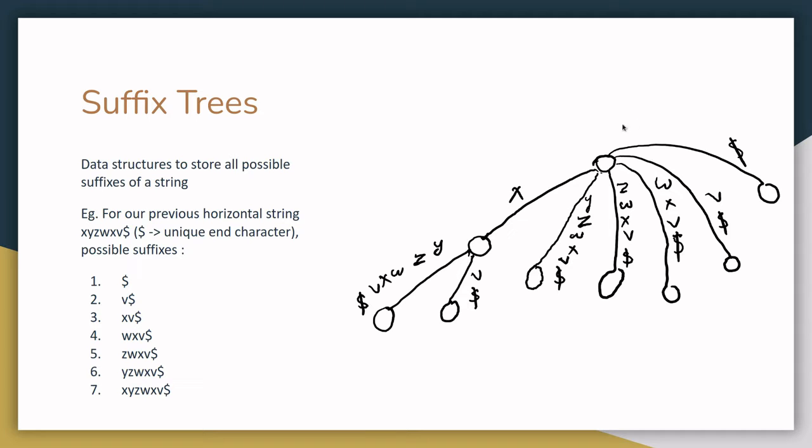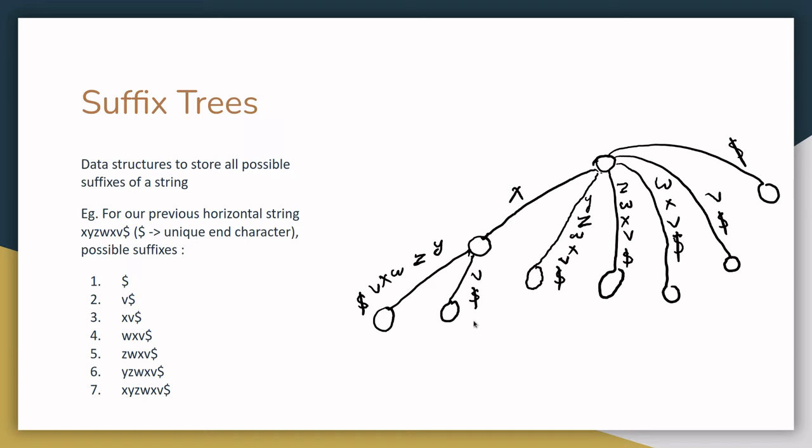So if you look here, this is the root, and if we start here, we can get the first one, which is the dollar, then the second one, which is v dollar, then the next one, which is x v dollar, as we follow the different branches. Ultimately we get to the last one, which is x y z w x v dollar, etc. So this is a suffix tree.